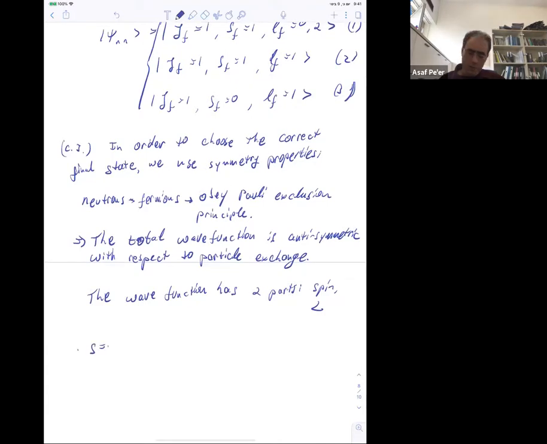So S equal to 0, you can think of it as 0, 0. It should be proportional to spin up, spin down, minus spin down, spin up. This is of course anti-symmetric.